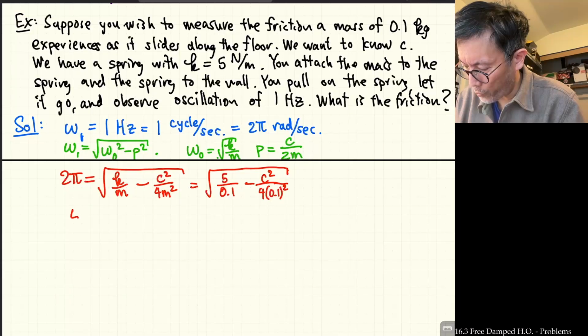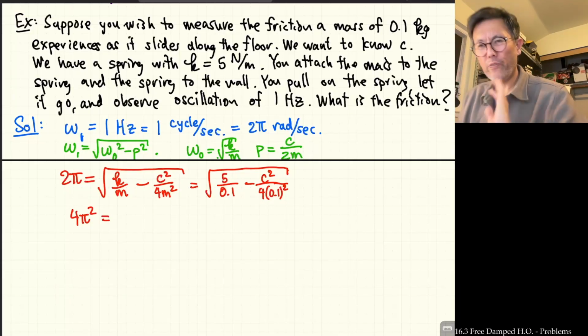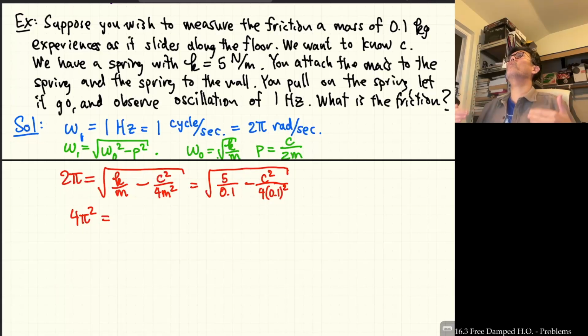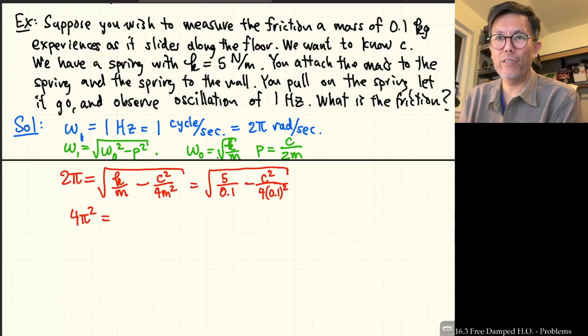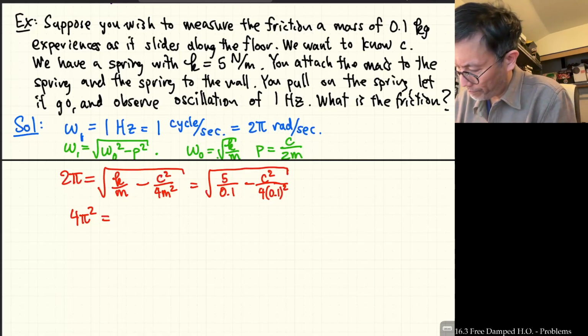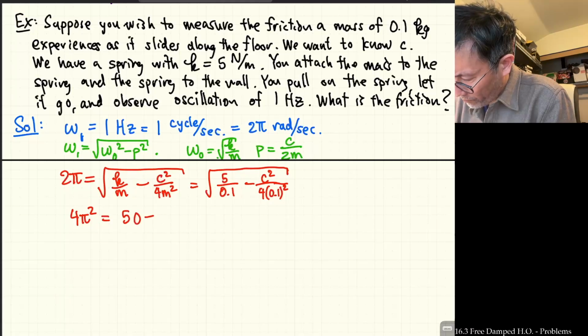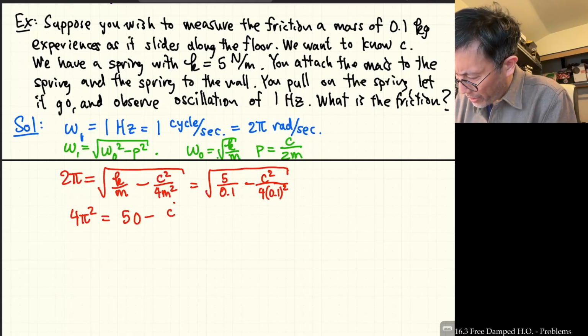So here I get 4 pi squared is equal to, now what's 5 over 0.1? How many 0.1s go into 5? If I have $5, how many dimes is that? Oh gosh, you children don't have a lot of experience with coins. You have 50 dimes. 50 dimes is $5. And then C squared is what we're hunting for.